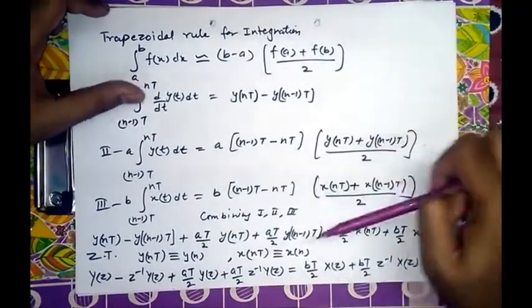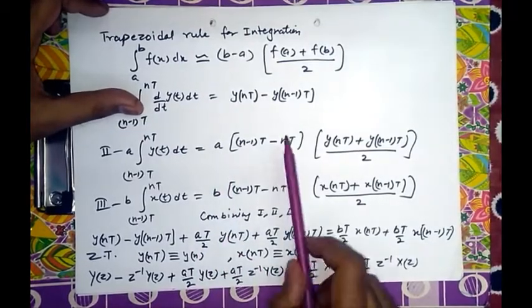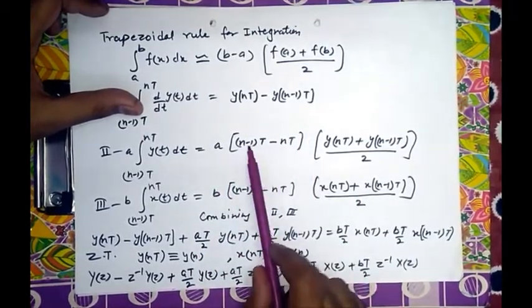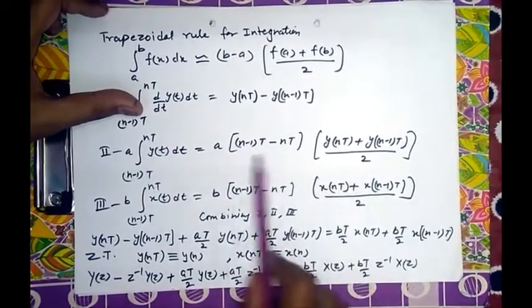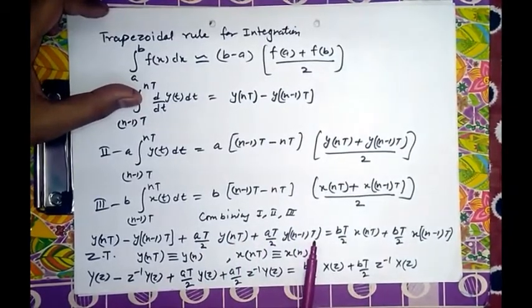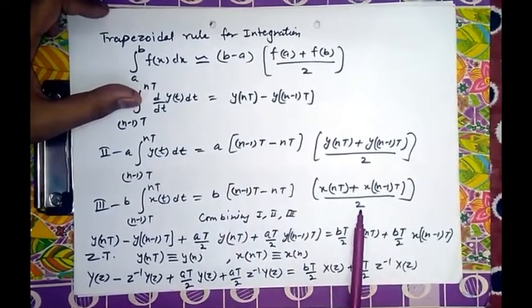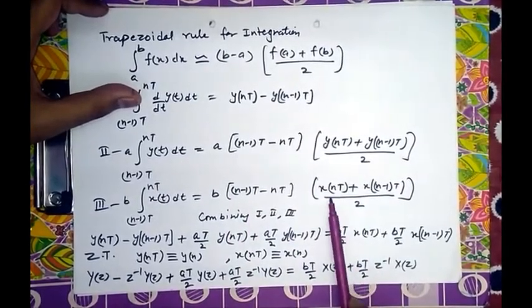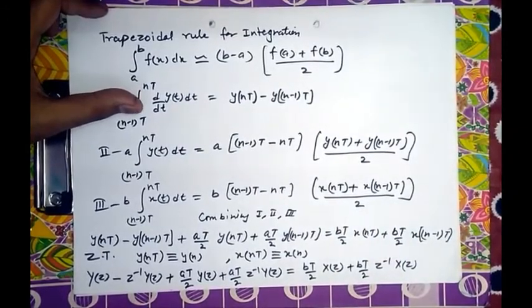Combining the three terms in the equation, we have y(nT) minus y((n-1)T) equals minus aT by 2 times y(nT) plus aT by 2 times y((n-1)T), because a is here, and the difference between the limits becomes T. Third term is again b, this term is T, and it is bT by 2 multiplied with x(nT) plus bT by 2 multiplied with x((n-1)T).